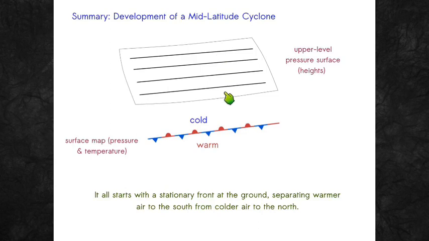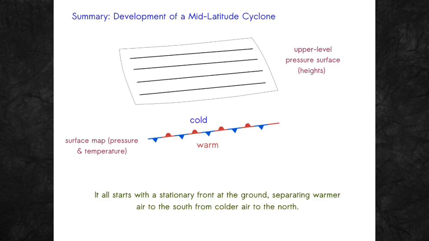We do have a gradient in the heights at upper levels, as represented by the height contours, because you'll recall that where it's warm, the layer expands, so the surface is higher, and where it's cold, it dips downwards. So we do have a general slope downwards from the warm side to the cold side, but other than that, there's not much going on. There's no disturbance at upper levels.